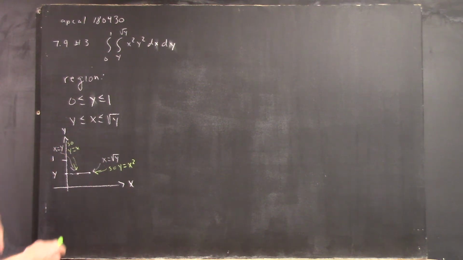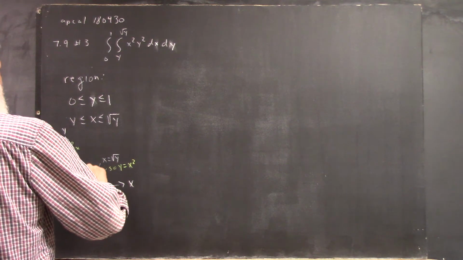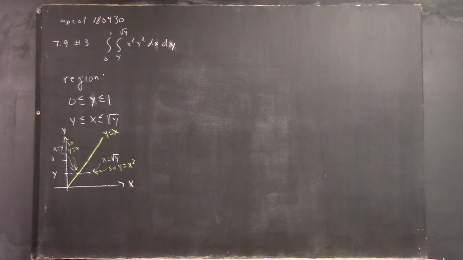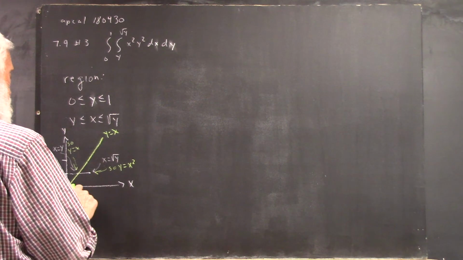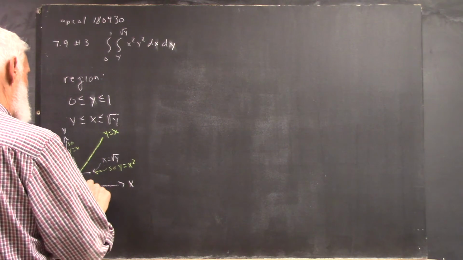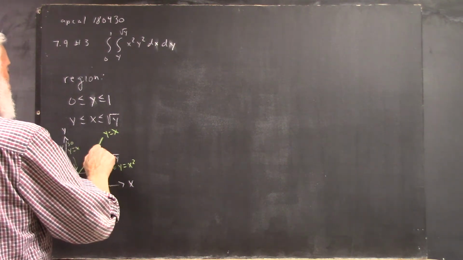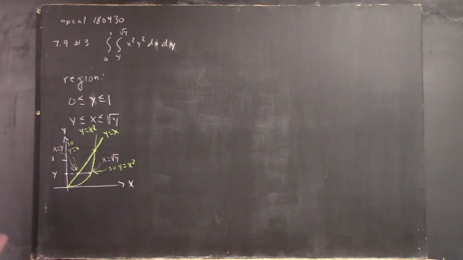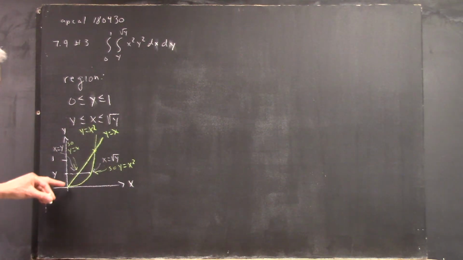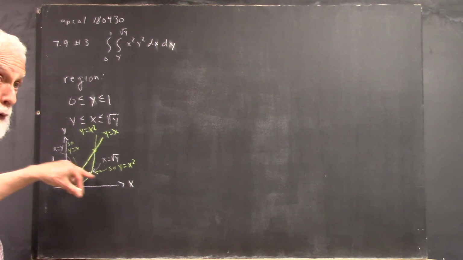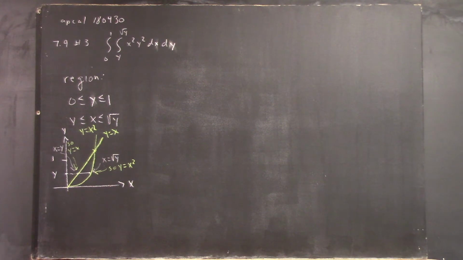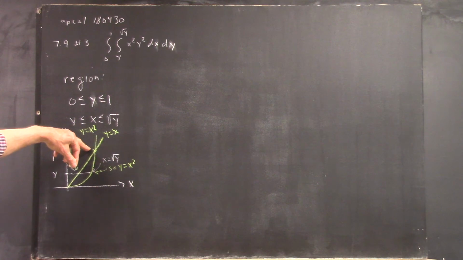Well, that means that if we plot y equals x, and plot y equals x squared, then our region is going to be confined between these two graphs, okay? Now, the way I drew the graph isn't particularly accurate because I haven't actually figured out what this intersection point is, right?